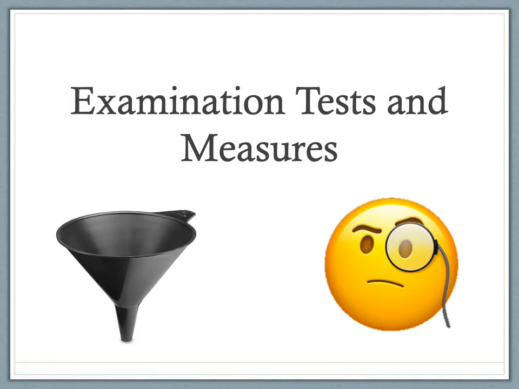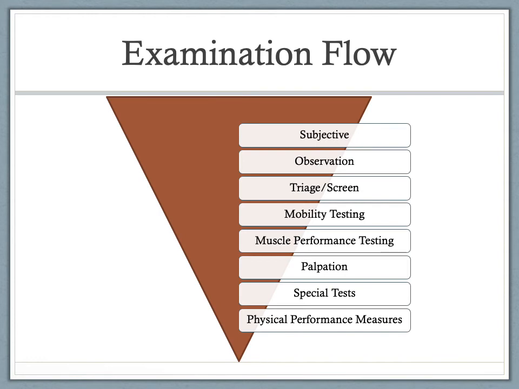Now, I didn't go through and write out the examination flow. I have this slide that I use. Essentially, when I look at this patient, these are the check marks that I'm going to take a look at. We already went through the subjective portion, but it's important that we start with observation, do any screening based off of other areas that we think may be relevant, then go through mobility testing.